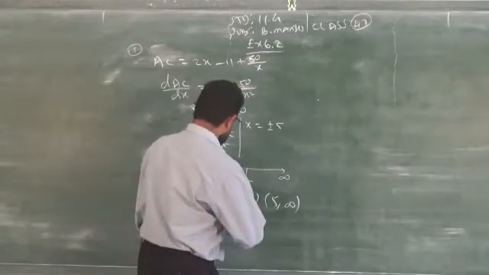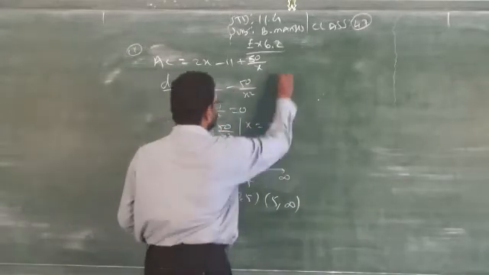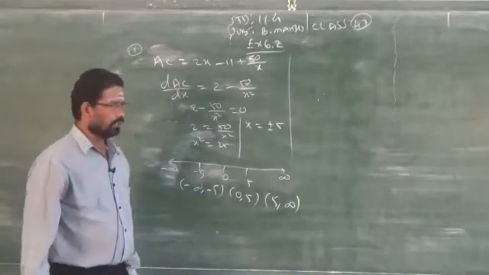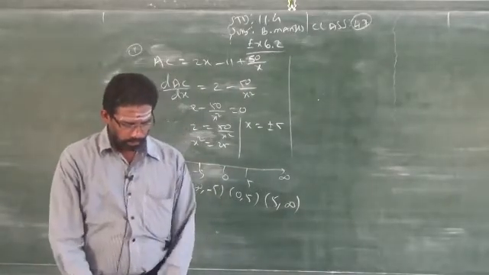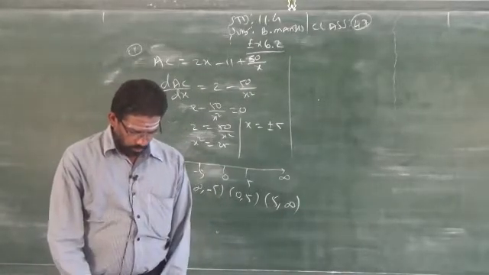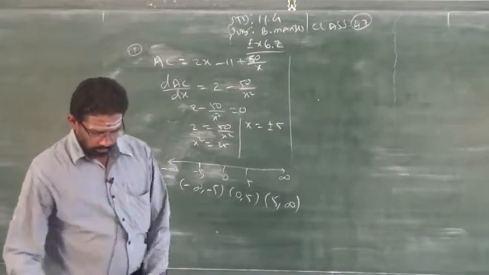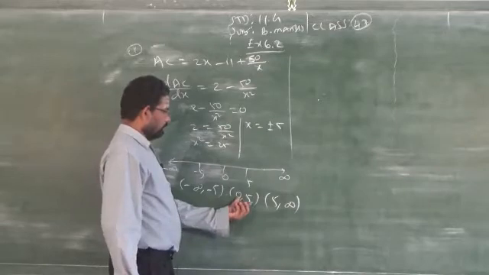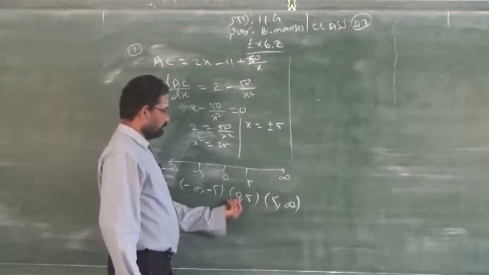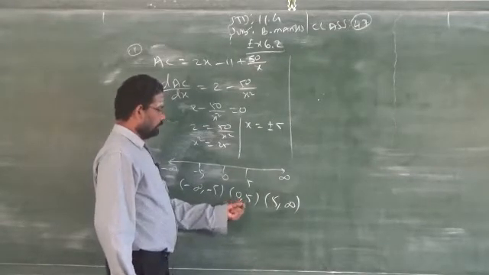So you take any one point from the interval 0, 5. Take any number from 0 to 5: 1, 2, 3, 4.